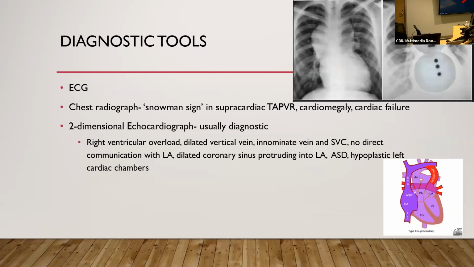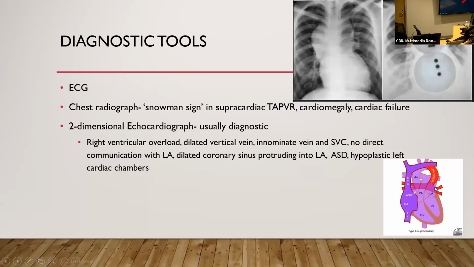So diagnostic tools, we've already discussed the ECG, and then chest X-ray. The typical snowman sign is only seen in a supracardiac TAPVR, because if you look at the diagram and the X-ray, you have your SVC, which ends up becoming dilated because there's increased volume from the vertical vein.